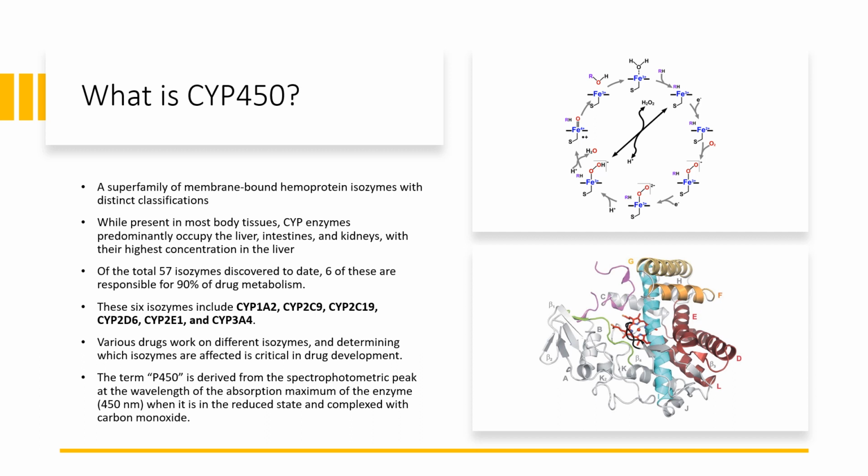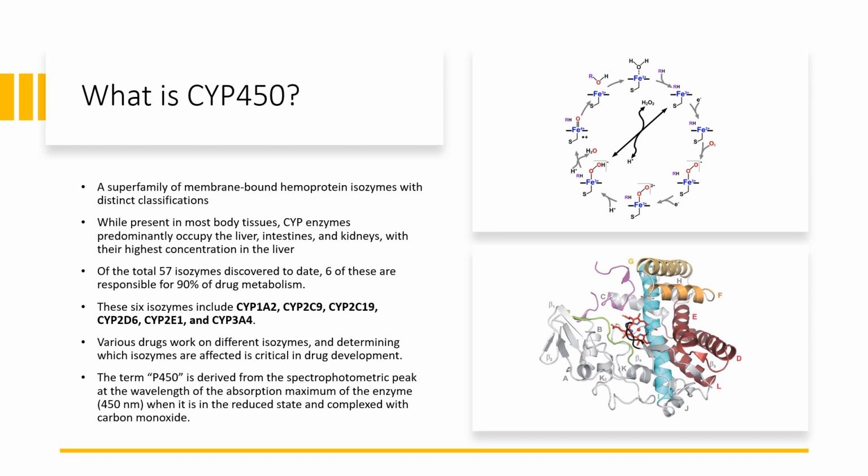The Cytochrome P450 or CYP450 is a superfamily of membrane-bound hemoprotein isozymes with distinct classifications. While present in most body tissues, Cytochrome P450 enzymes predominantly occupy the liver, intestines, and kidneys, with the highest concentration in the liver.